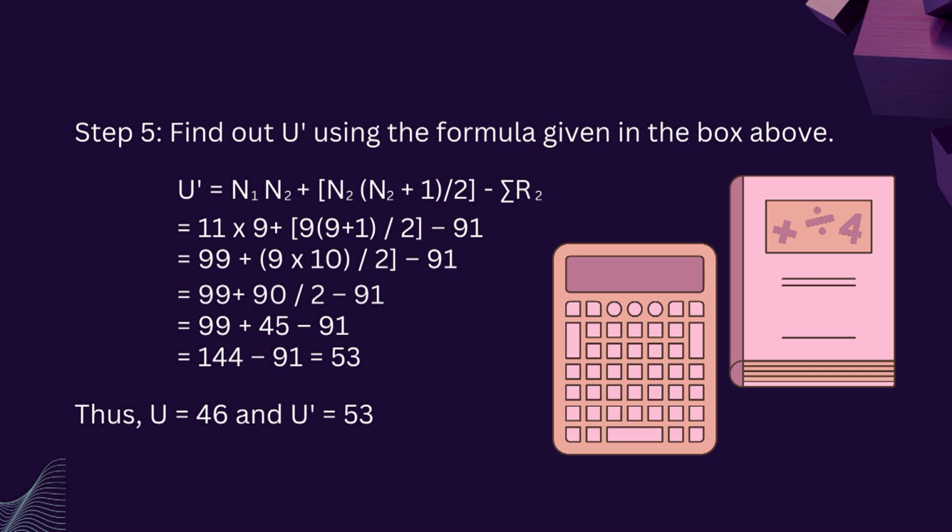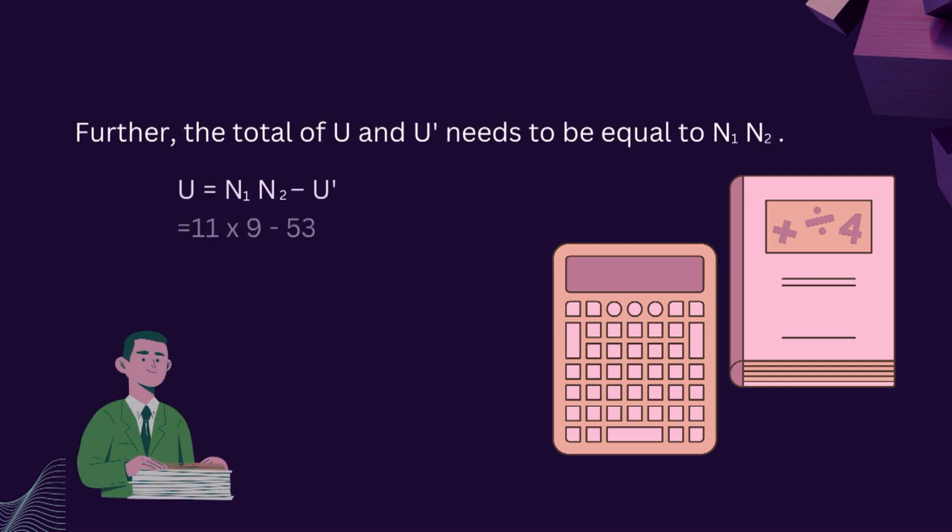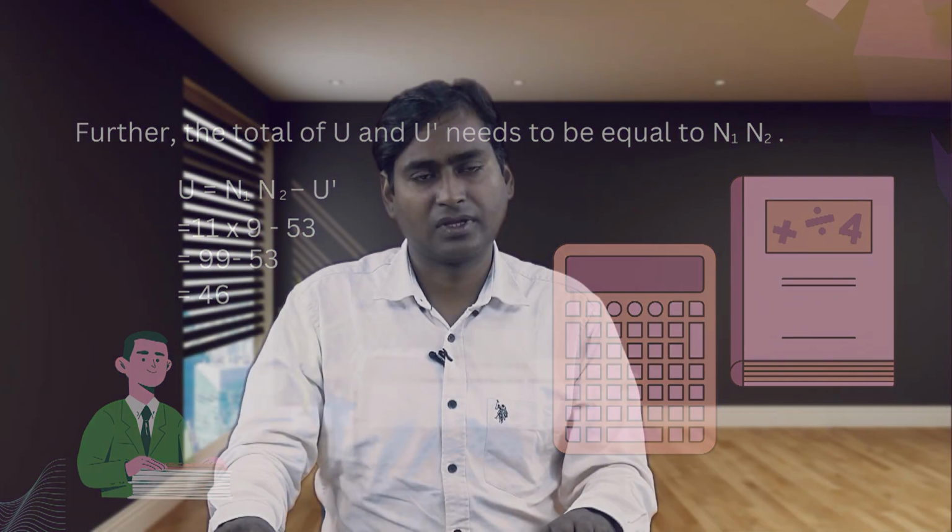So, the total value would be 53, that is 144 minus 91. Further, the total of U and U dash needs to be equal to n1 n2. So, let us check it. U is equal to n1 n2 minus U dash. N1 is given as 11 and n2 is 9, and U dash is equal to 53. So, the value would be 46.